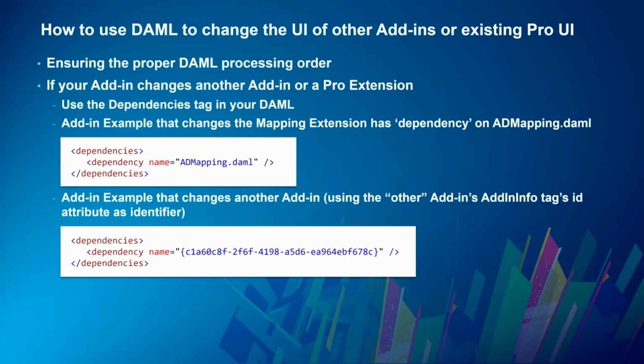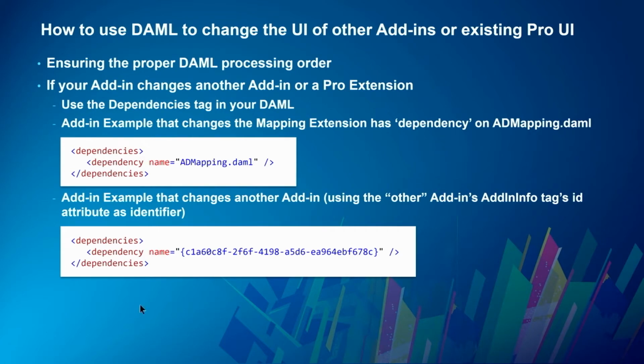So how do I ensure the proper DAML processing order? Clearly, if I want to make a change to the mapping user interface, I have to make sure that that comes before my add-in is loaded. So in order to ensure this, I have to make sure that I have the proper processing order. In your add-in, if your add-in changes another add-in or a Pro extension, you have to use the dependencies tag in your DAML.